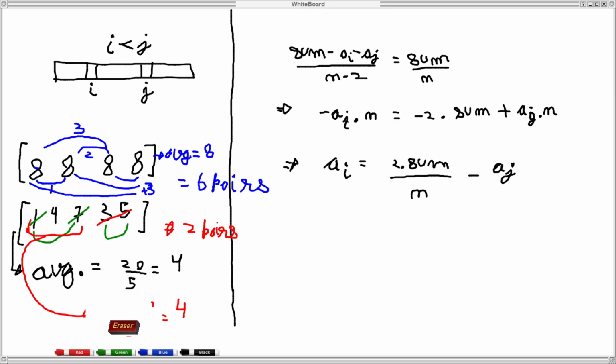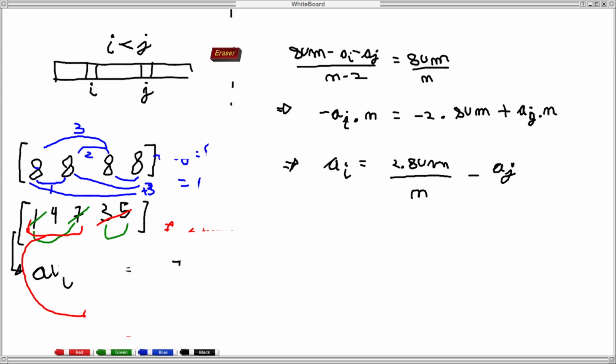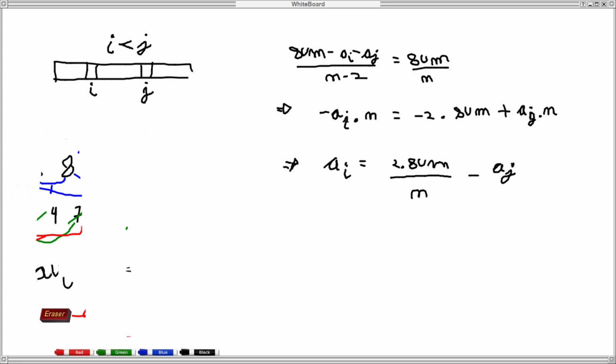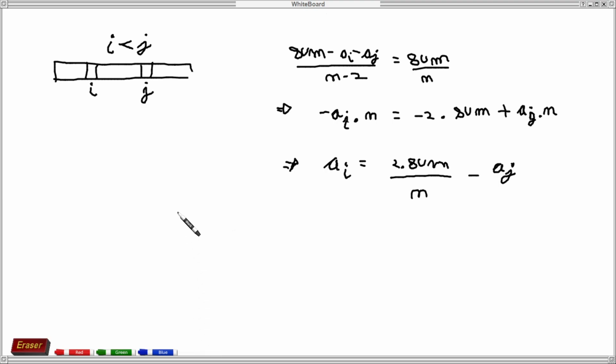Now let's see in general how we will be solving it. Let's say this is the array we are given and we have reached the index j.